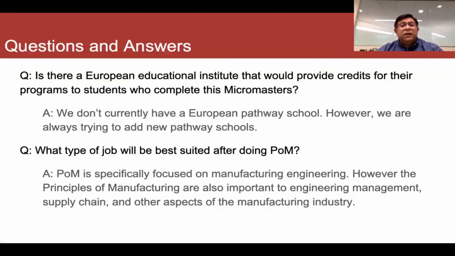But because of the knowledge that they have acquired through these courses, they tend to move faster in their career path after having finished both the MicroMasters and the master's degree at MIT. And so they then become manufacturing engineer managers, or in some cases, design engineers, supply chain engineers, and in a few cases, they do go into consulting, specifically consulting usually around engineering, but also in management.